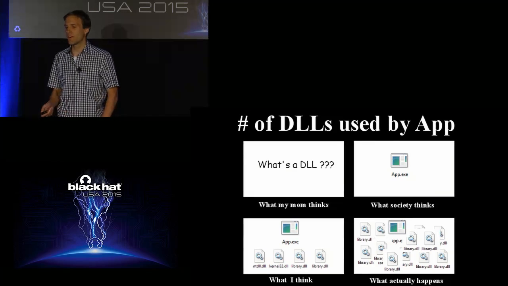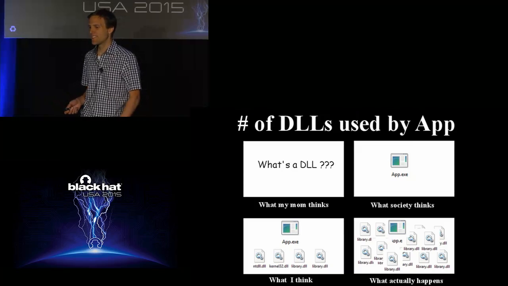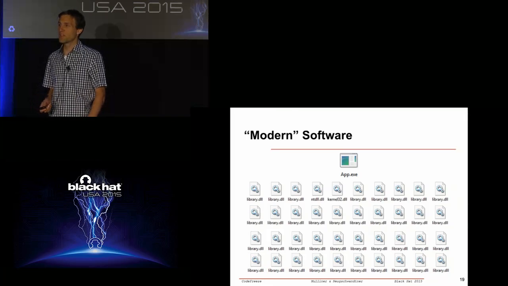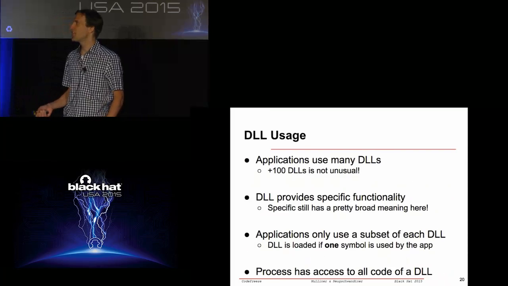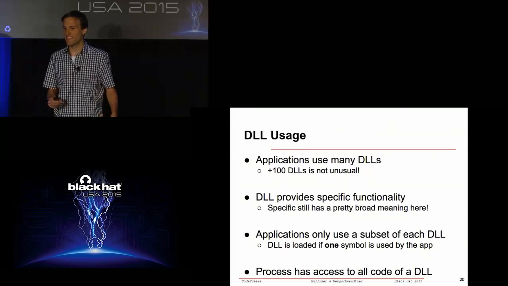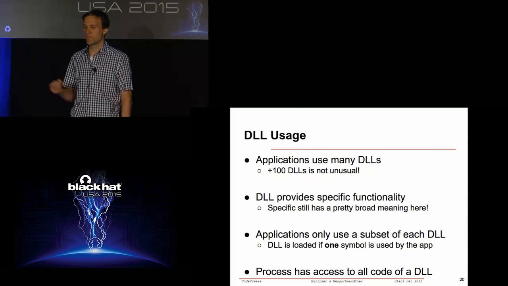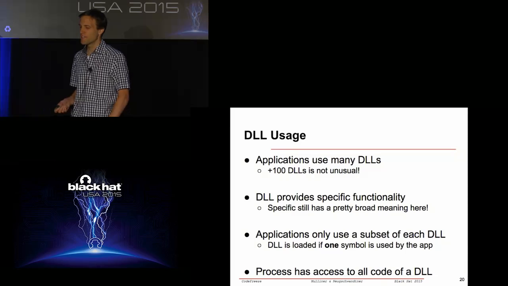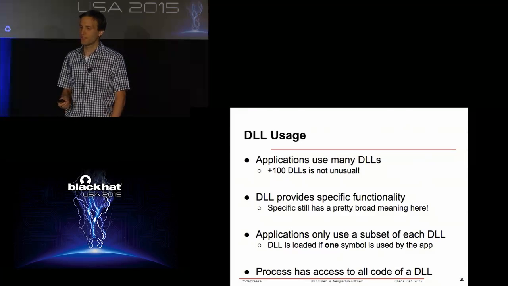But it turned out that we weren't exactly right, because we vastly underestimated the number of DLLs that are actually being used by an app. If you look at modern software, it really looks more like this. Modern applications link up to DLLs in the number of hundreds, so more than 100 DLLs is actually not unusual for a modern application.